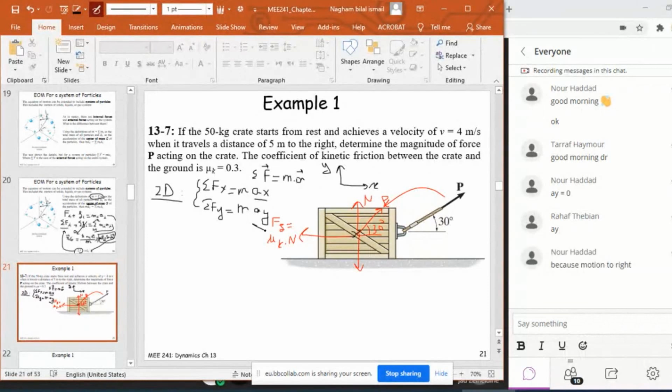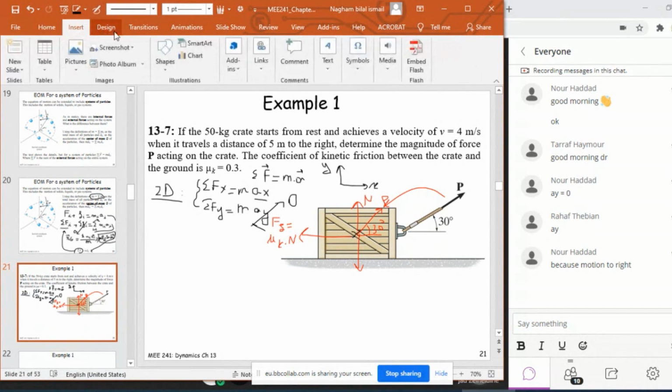There is not even a velocity in the Y direction, all right? So the only motion is along the X axis. That's why ay is equal to 0, okay? So I have two equations, 1 and 2. I'm going to start with sum of Fx equal to m ax. So what will this give me?